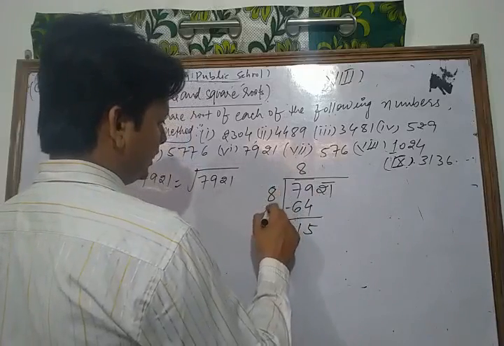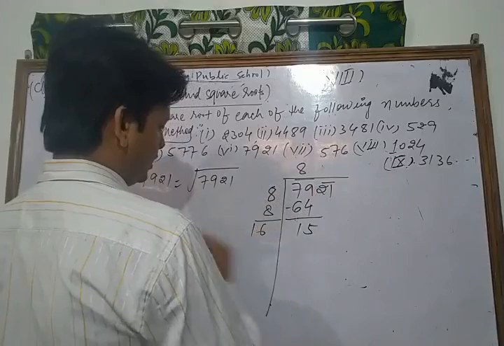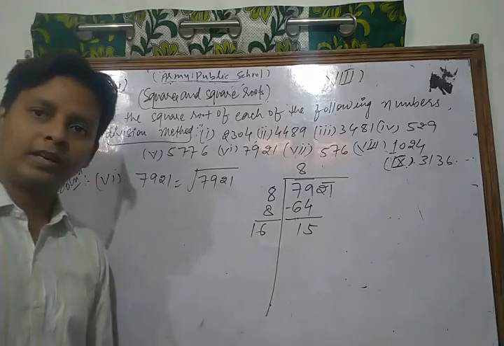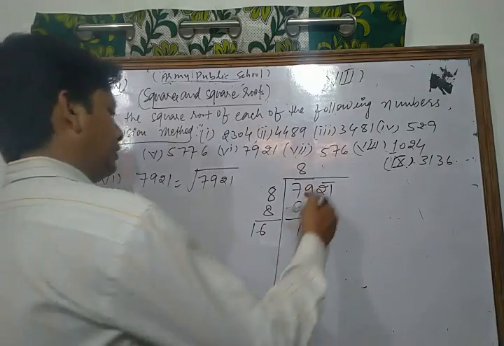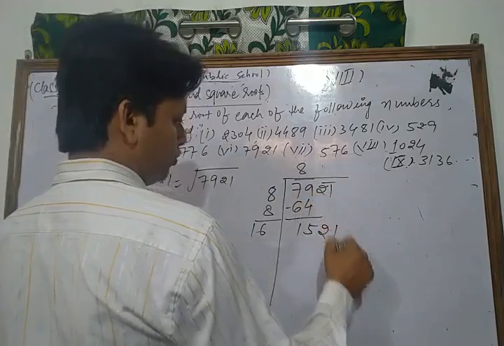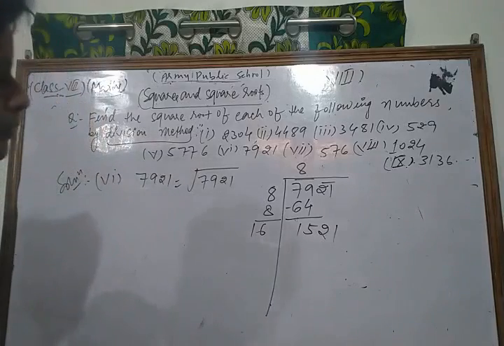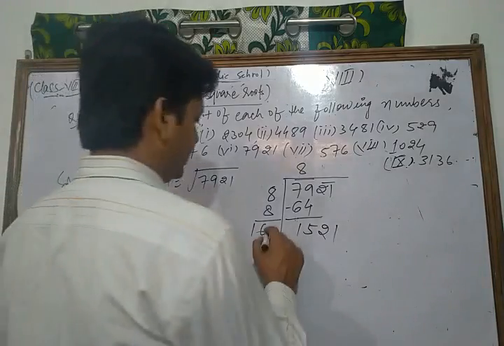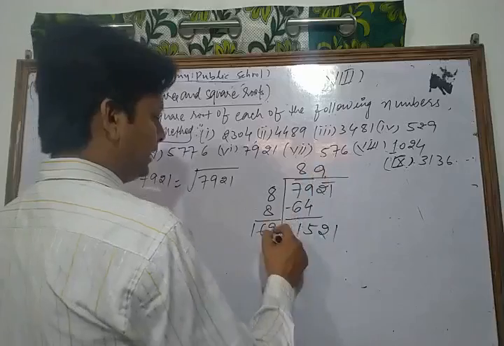Now this 8 is added here, this is 16. Now we bring down 21. We always take in pairs. So here this is 1521, and we take 9 times, because 9 9s are 81.